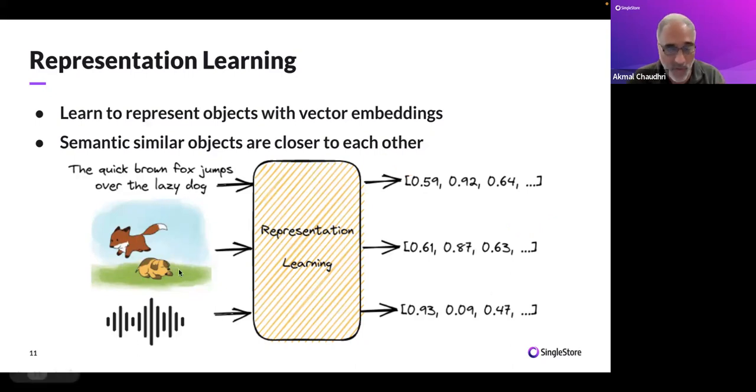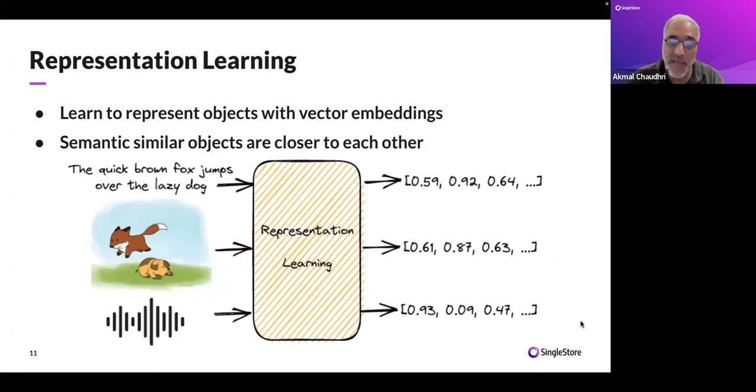The third thing at the bottom there, I guess this is meant to be some kind of sound wave, perhaps. This is quite different. I don't know what that sound wave might be, but presumably it's got nothing to do with foxes, lazy dogs, or jumping. Its representation in terms of vectors and numbers on the right-hand side is quite different, this list of values here.